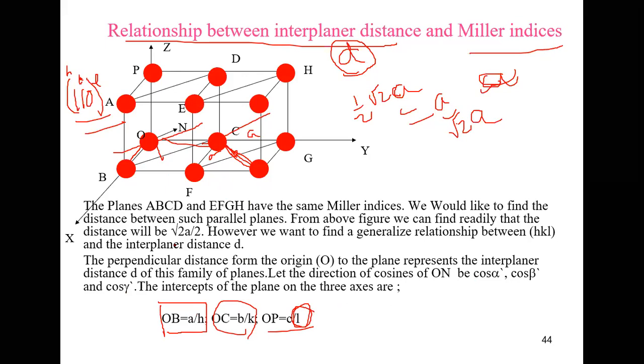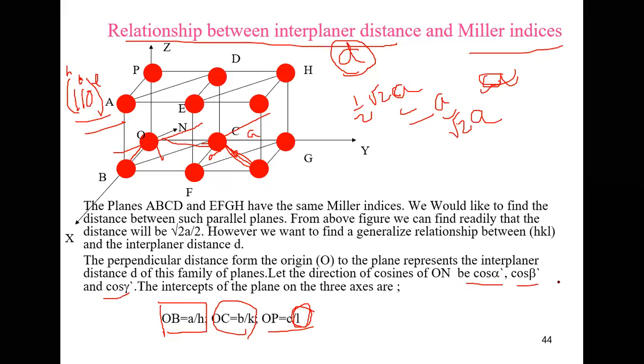Okay. Now, to find out the perpendicular distance from the origin to any plane, not just this plane, we are going to find out a general relationship. The perpendicular distance from the origin to the plane represents the interplanar distance d of this family of planes. And let the direction cosines of this perpendicular distance OL be cos alpha prime, cos beta prime, and cos gamma prime.